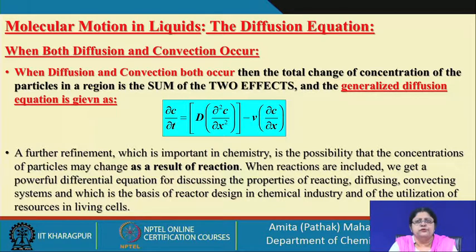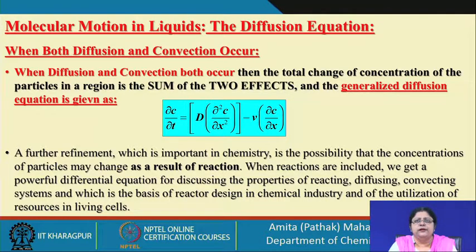Most of the processes occurring in our body involve diffusion, where you have movement of various nutrients or cations and anions like sodium and potassium through your body system in the blood system, which is guided by diffusion processes.